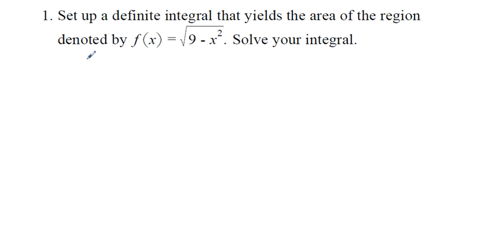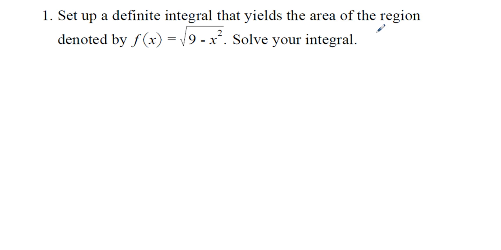The first: set up a definite integral that yields the area of the region denoted by f of x equals the square root of quantity 9 minus x squared. You may not realize this right off the bat, but this is the function represented by a semicircle. I'm going to show you.